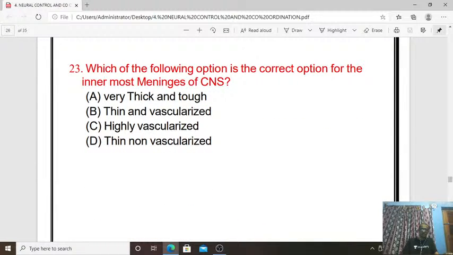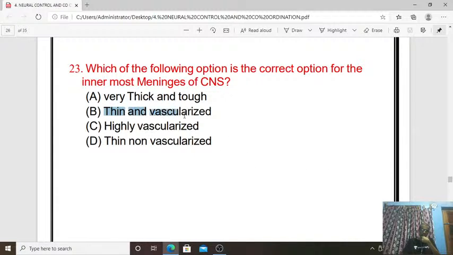23rd, which of the following options is the correct option for the innermost meninges of CNS? So for the 23rd, B is the right answer.